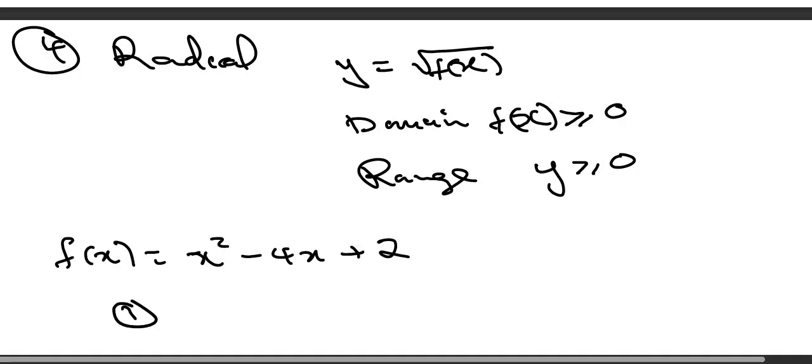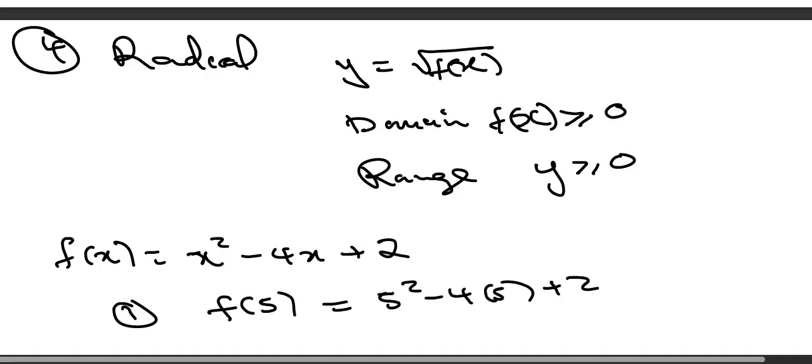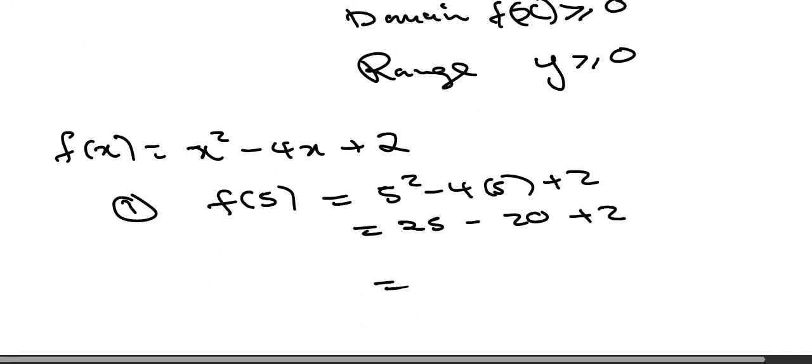They want us to get f of 5. So we put 5 wherever there's x. This will give us 25 minus 20, then plus 2. So this will just end up being 5 plus 2. This will be 7.